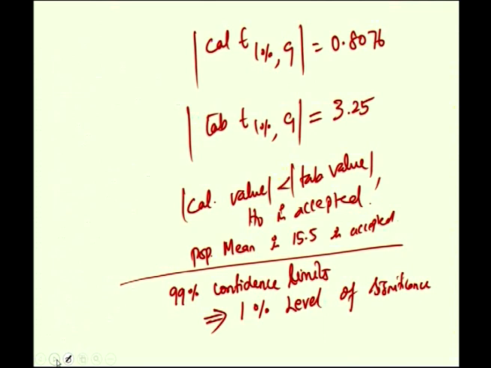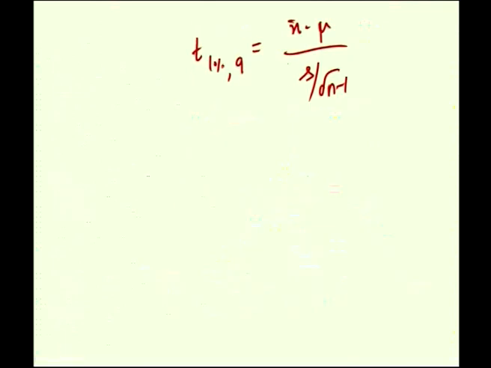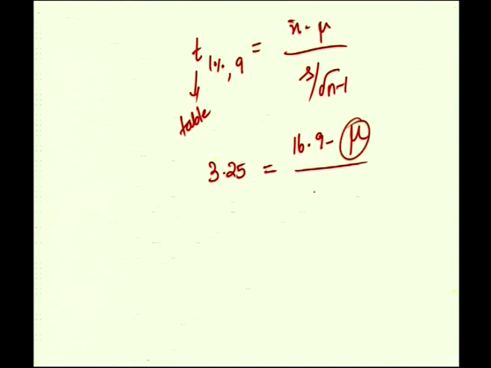This T value at 1%, 9 degrees of freedom is from the tables, and this is 3.25, x bar value is 16.9, mu only we are calculating, and then S value is 5.2 divided by root 9.